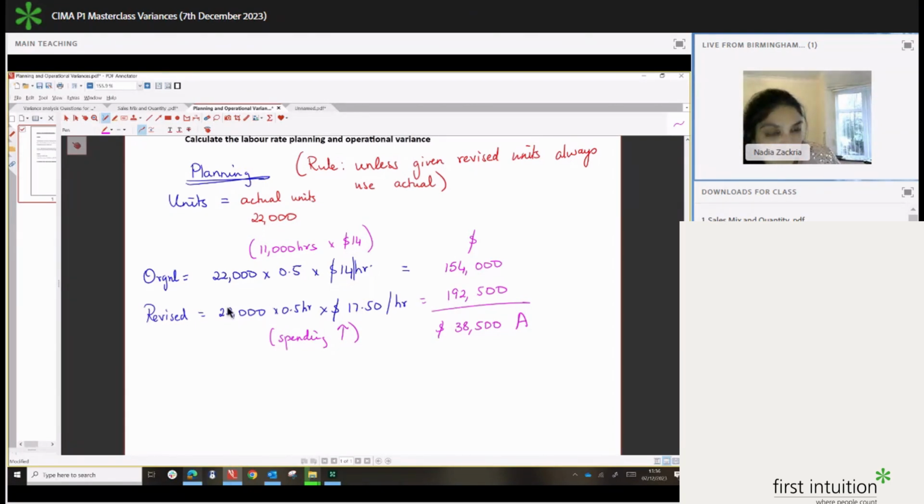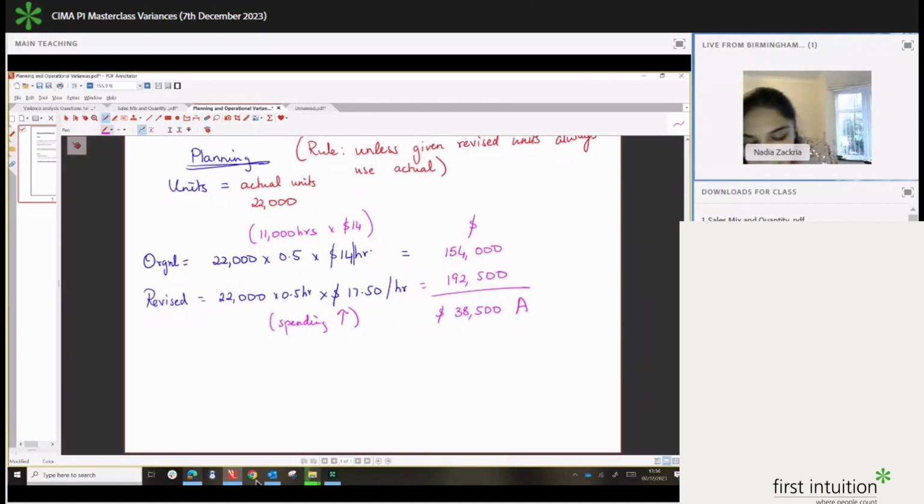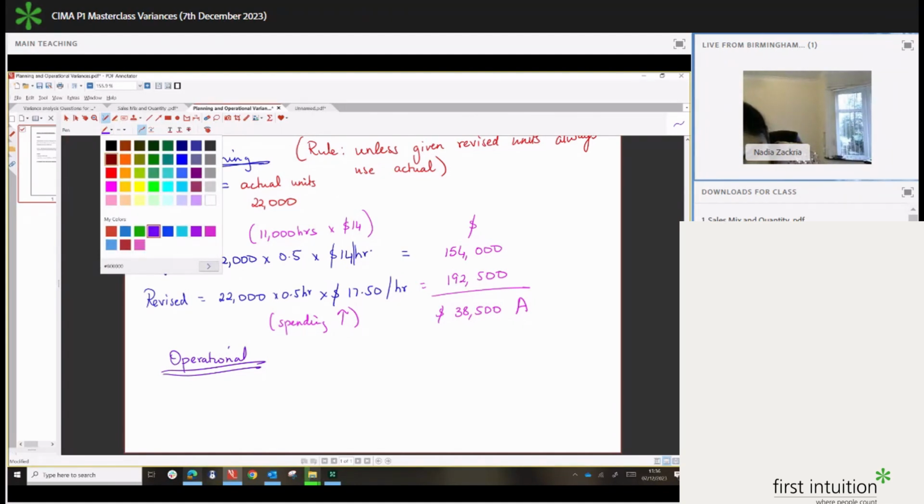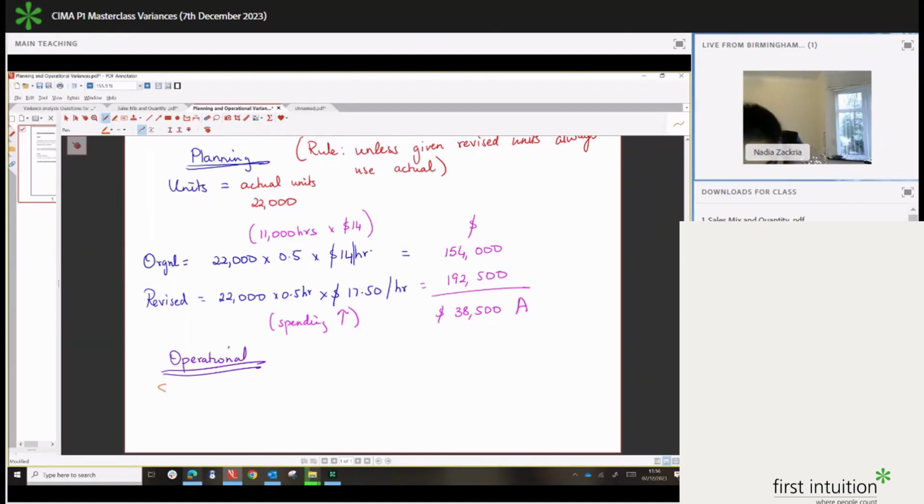Now we want to see what we can hold our manager responsible for. So at this point, we are going to take our operational budget. Should would be nothing but our revised. Did will be our actual. Revised versus our actual.